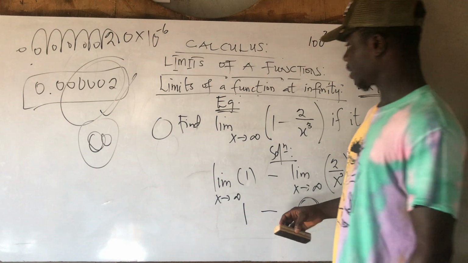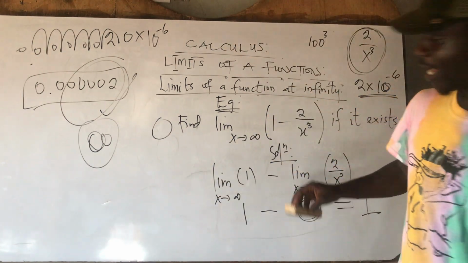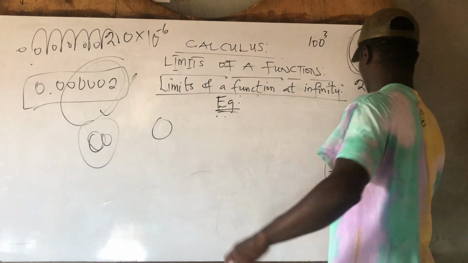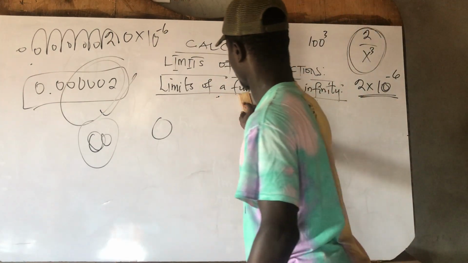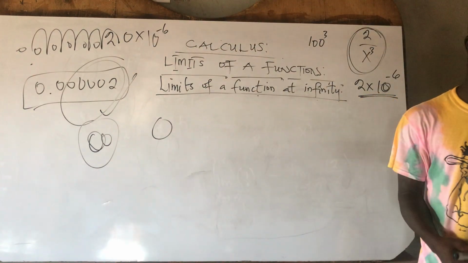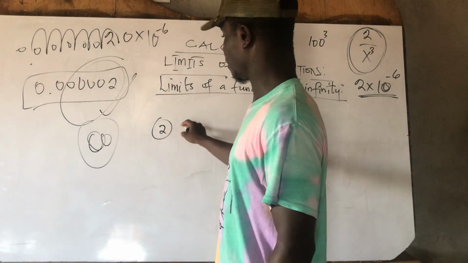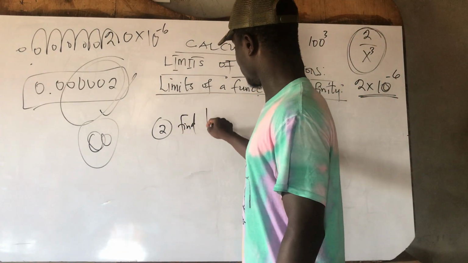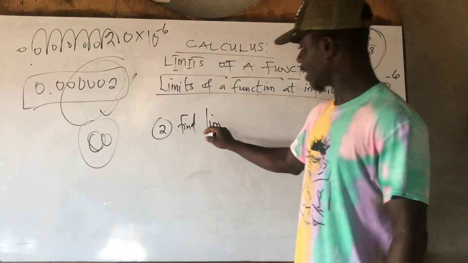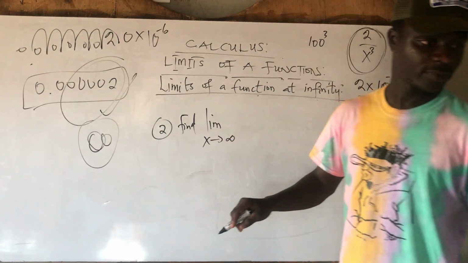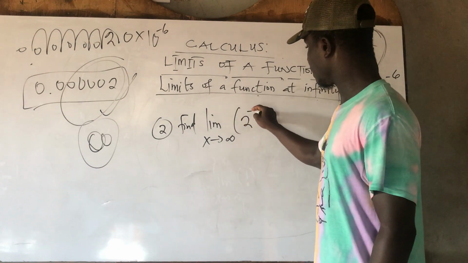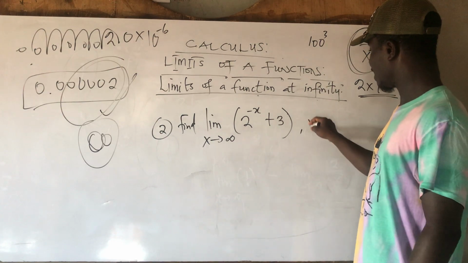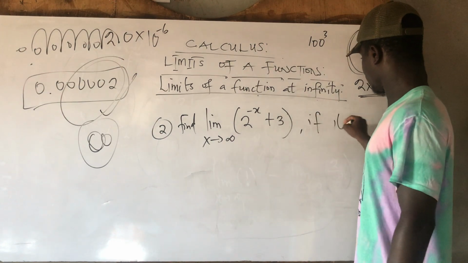So the second one. Let's see the second example. You should find the limit as x approaches infinity of this 2 to the power negative x plus 3, if and only if this function exists.